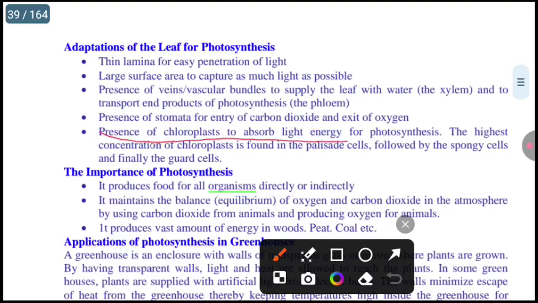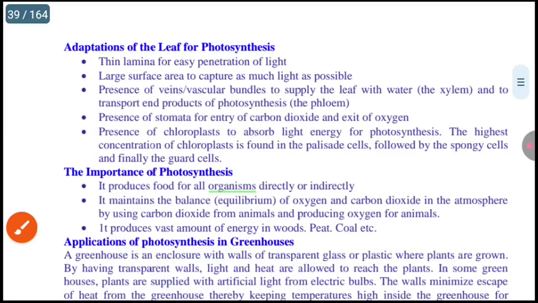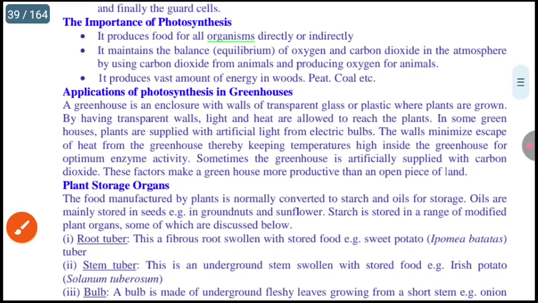Presence of chloroplasts to absorb light energy for photosynthesis. The highest concentration of chloroplast is found in the palisade cells, followed by the spongy cells, and finally the guard cells. These are the adaptations of a leaf for photosynthesis to take place.